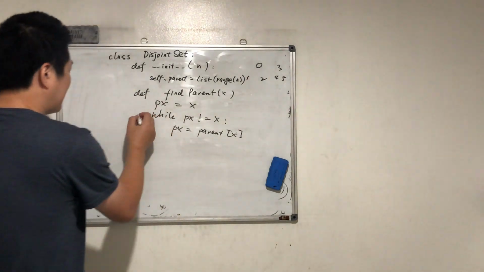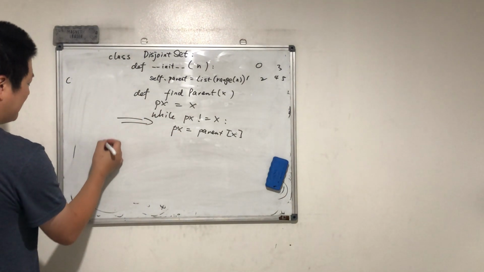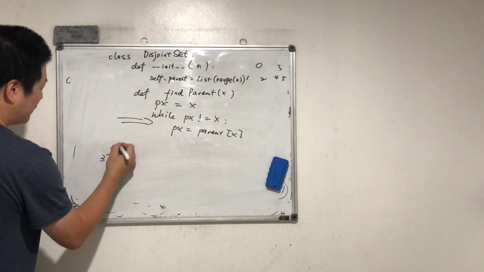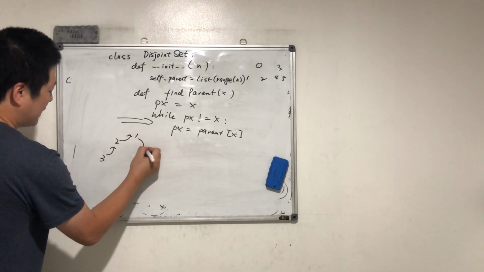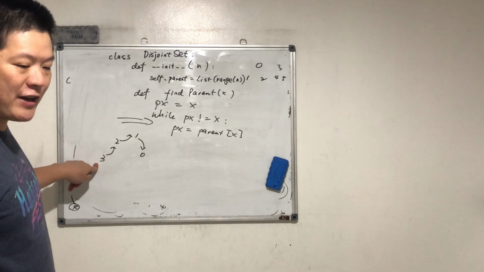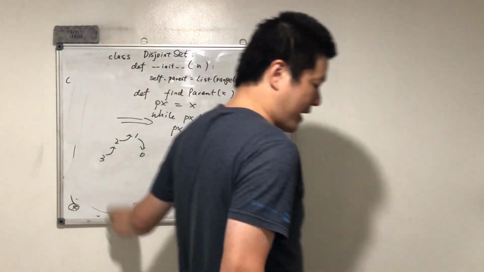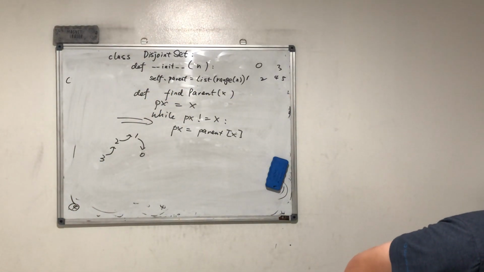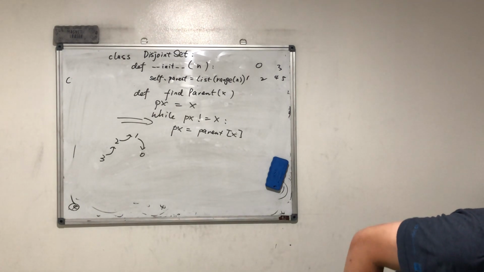What does this mean? 3 points to 2 points to 1 points to 0. What does it mean? If x is 3, what's the value of px? Eric, what's the value of px?